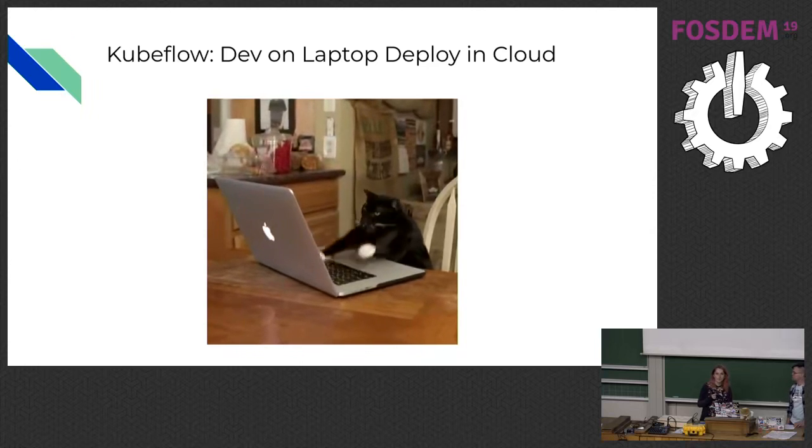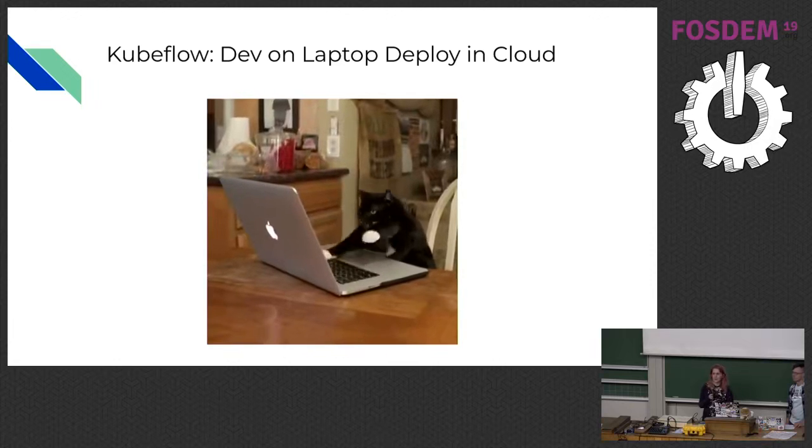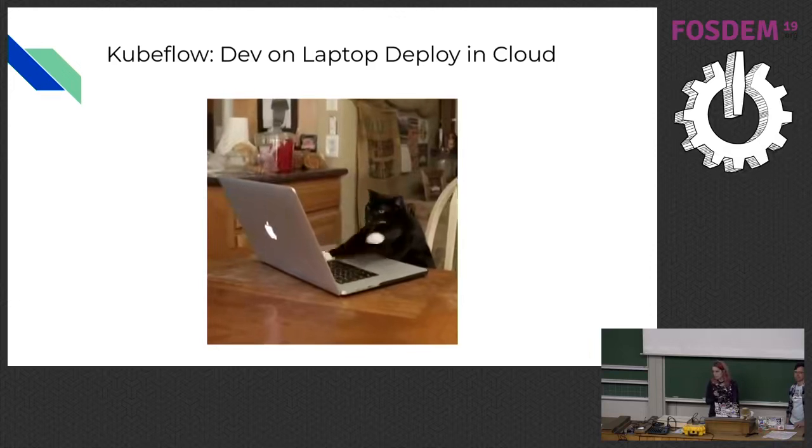No. You can put it in GCS or S3, sure. Sorry, I was thinking model store in my head. My brain is a little fried. But yeah, you pick your favorite cloud vendor or NFS file system and you store your data there.